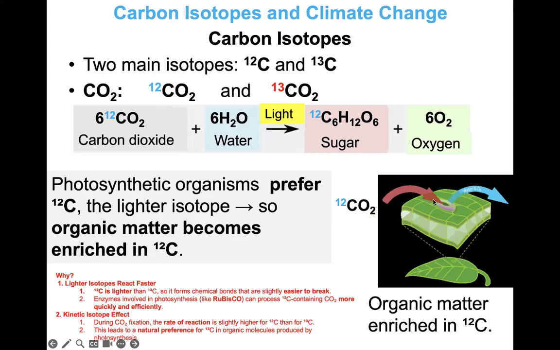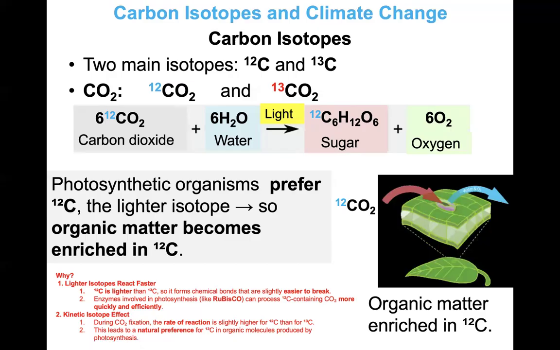The plant takes C12 to make their food, and this is the reaction right here: six molecules of CO2 with carbon 12 isotope plus water in the presence of light from the sun. We get sugar, and you can see that C12 removed from the atmosphere is incorporated into sugar. Of course, the plants release oxygen as a byproduct.